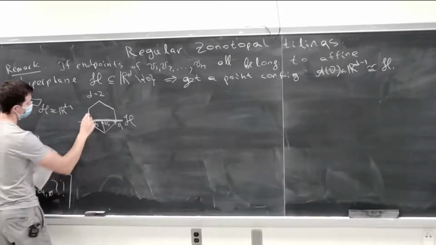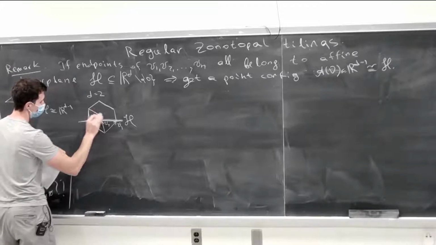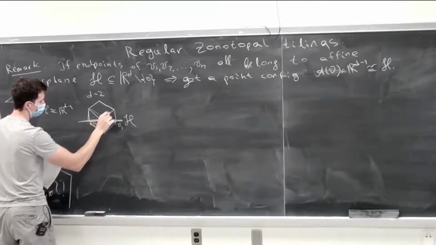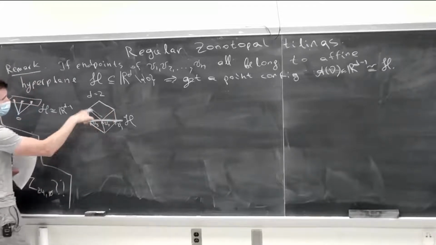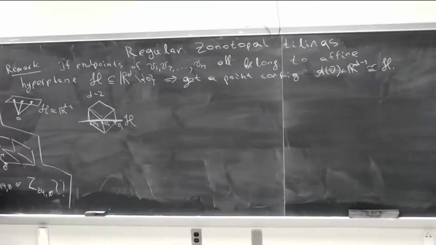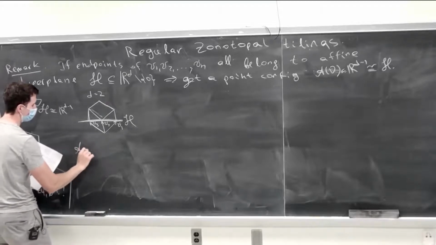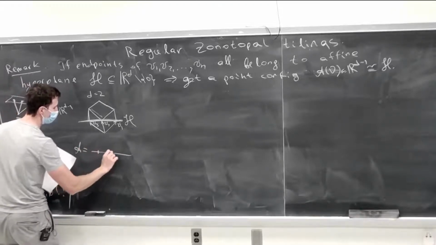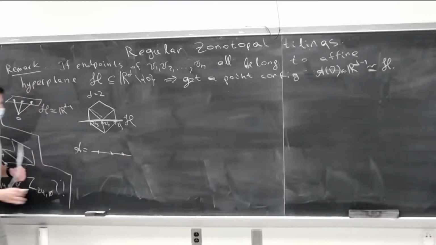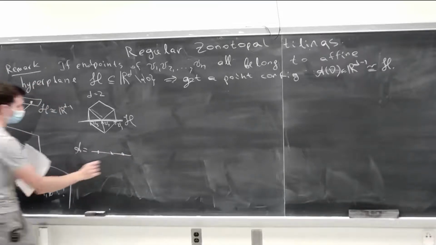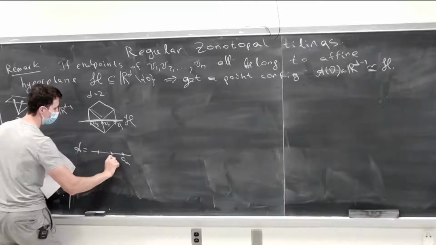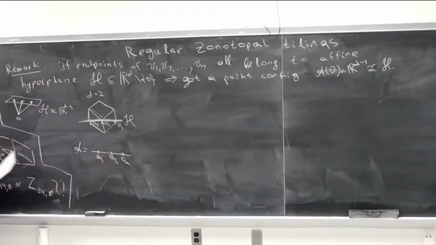And then maybe I can choose a zonotopal tiling of my zonotope, maybe in these 3 tiles. And somehow this should correspond to some triangulation. So my point configuration A is just 3 points on a line, A1, A2 and A3. So the claim, yeah.